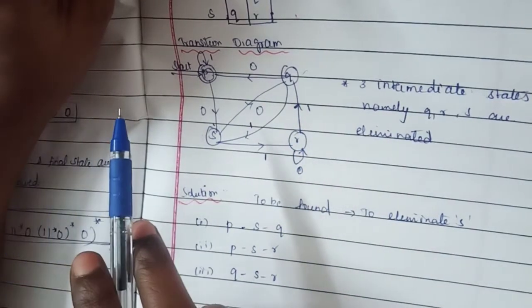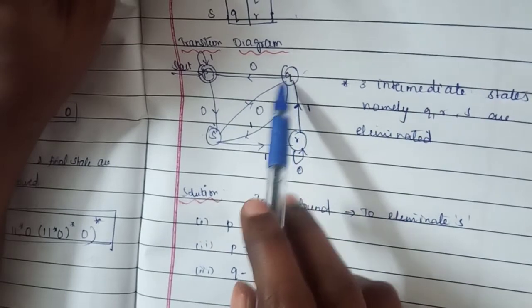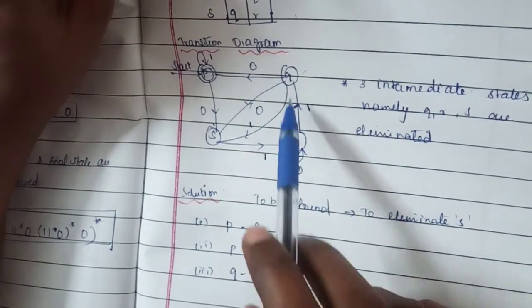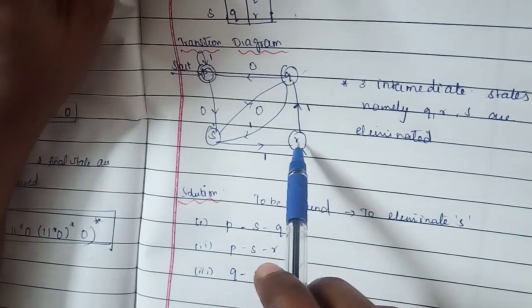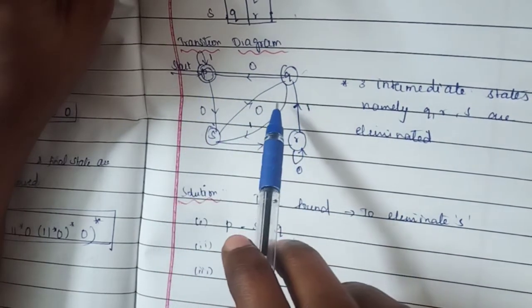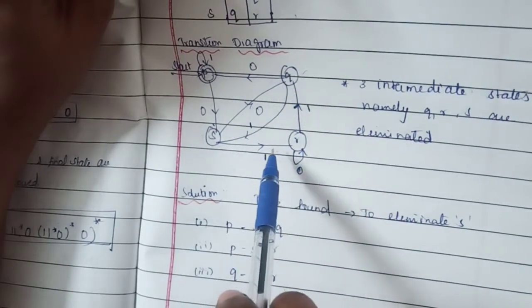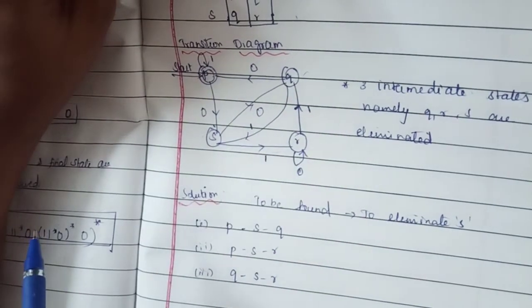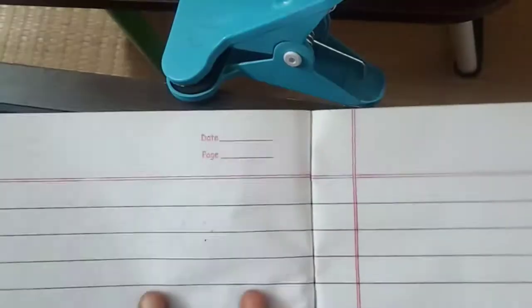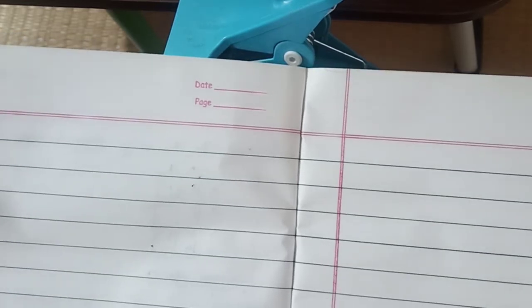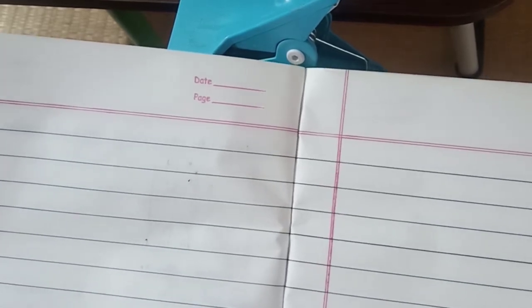For the next step, we have to eliminate either Q or R, and using this scenario, we eliminate all the states except P. Now we have to look at the first case. What is our first case here? My first case is PSQ. We have to follow that one and use it to eliminate.